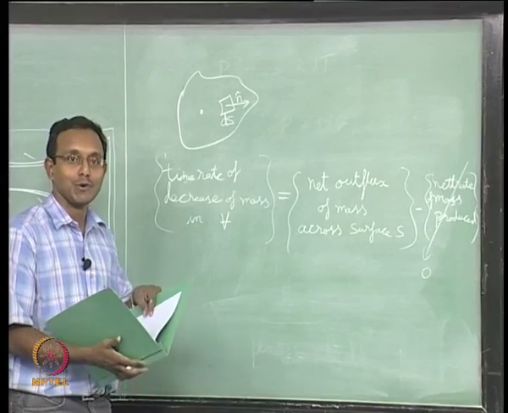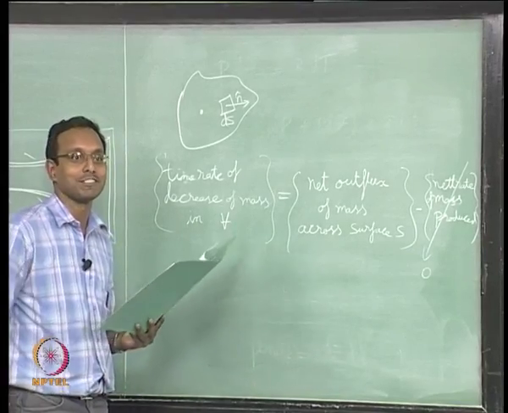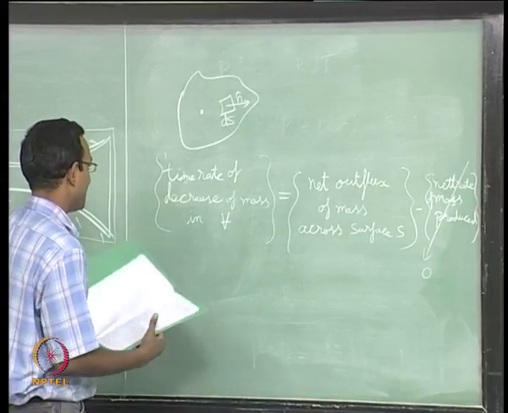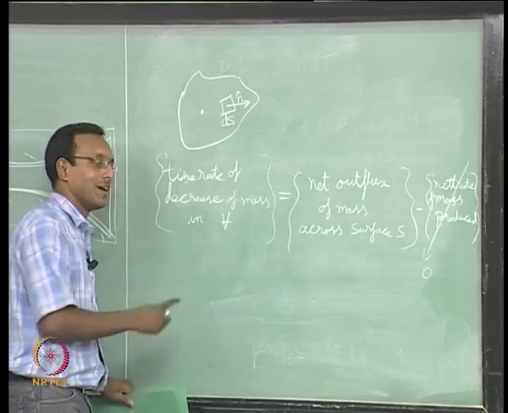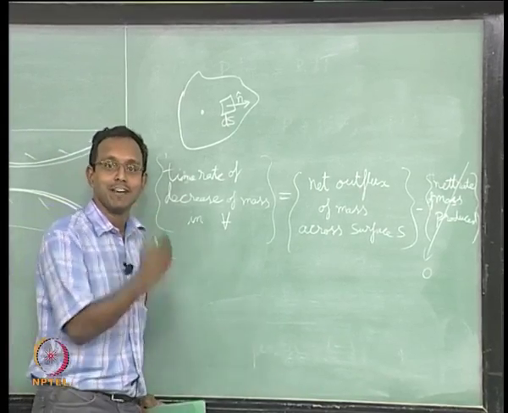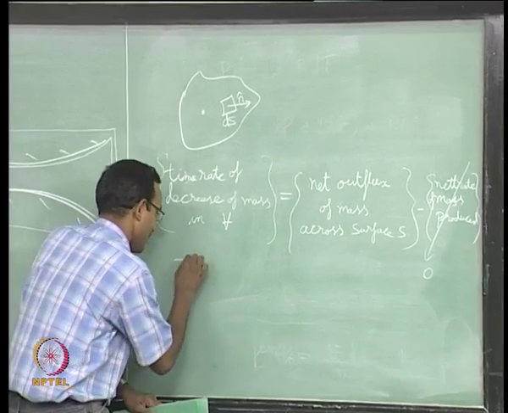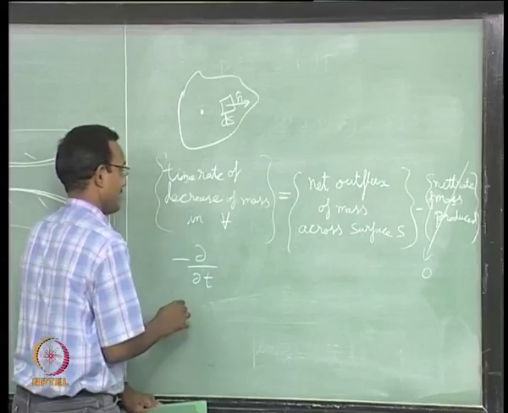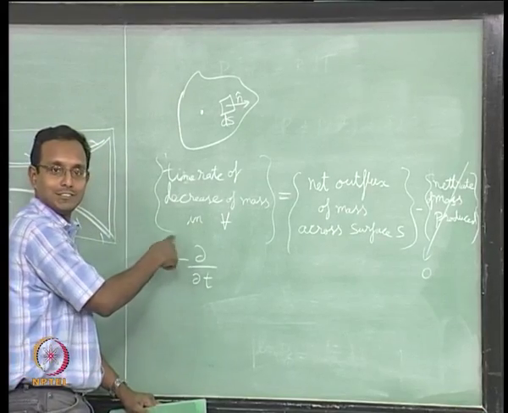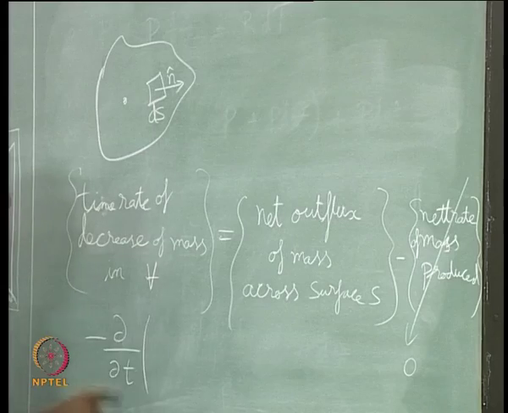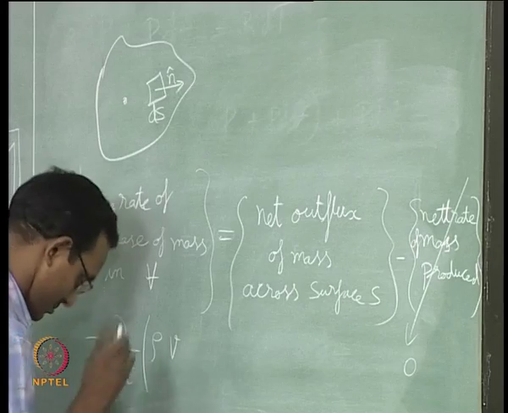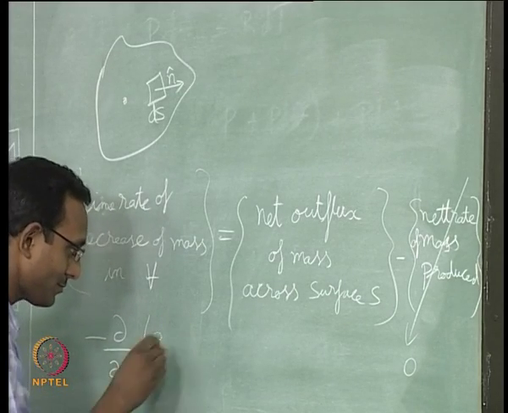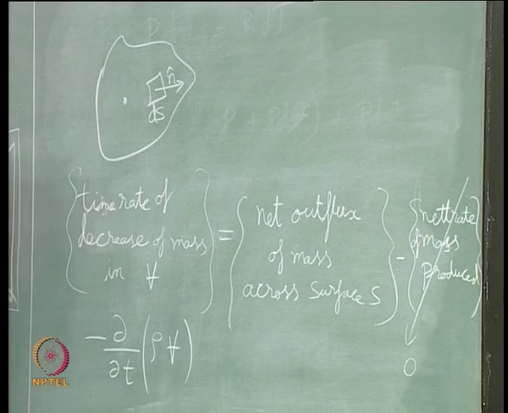Now, of course, it is just a review of mechanics. You should know some fluid mechanics already, where you would have derived this in a more serious manner. We will just look at what this term is and go past it. Time rate of decrease of mass, so I am going to put a negative gradient in time. It will be minus dou by dou t, because it is a rate of decrease, of the mass inside the volume, which will be rho times capital V. This is the net mass inside the volume.